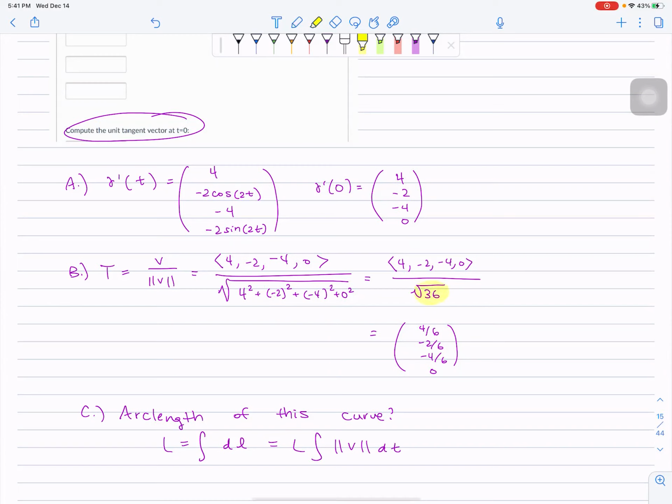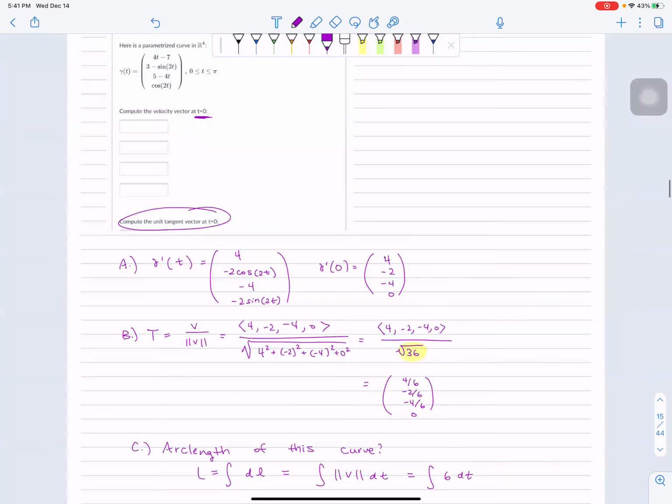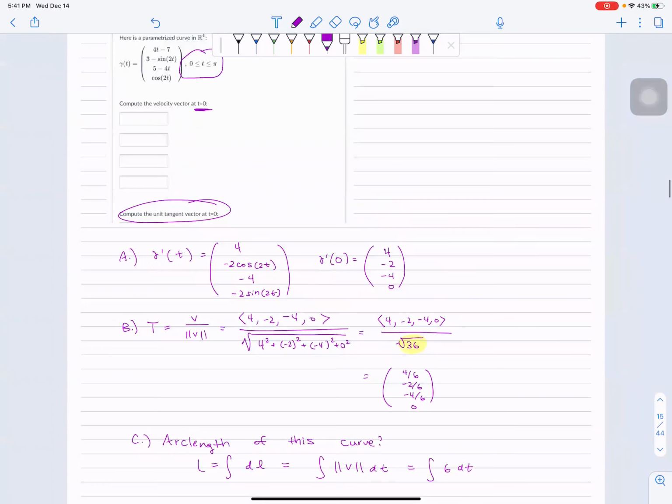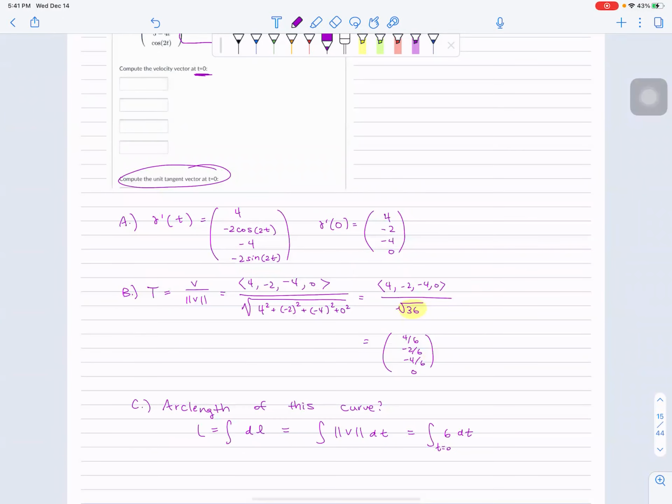That was my denominator, 6. We're going to have the integral of 6 dt. My t is going to go from 0 to pi, because they stated it in the question. So I get 6t from 0 to pi, or 6 pi.